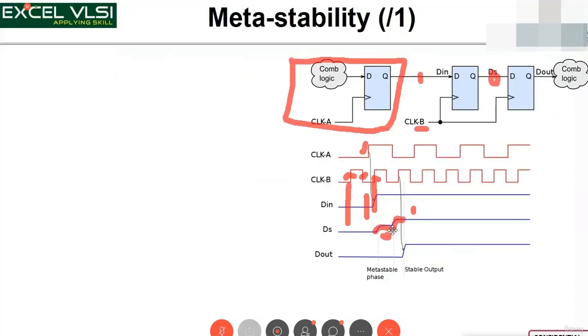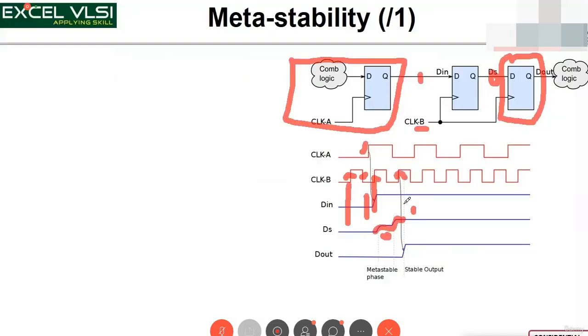The fix for it is to pass through one more flip-flop. This circuit is called a double synchronizer. I pass through one more flip-flop in order to get a confirmed stable output. My assumption is that the first flip-flop output, when it has sampled an asynchronous signal, will settle down to either 0 or 1, at least after some time. That settled value is what I pass to this flip-flop in the next clock.